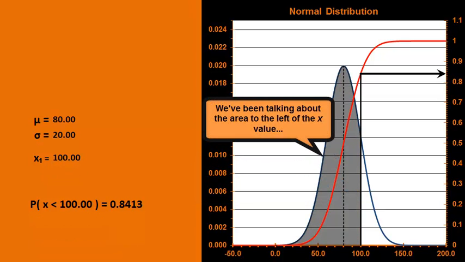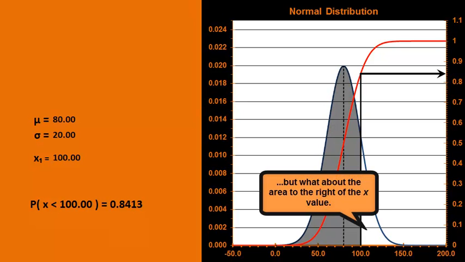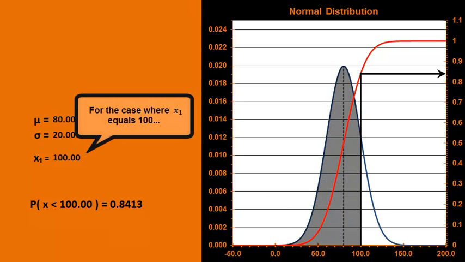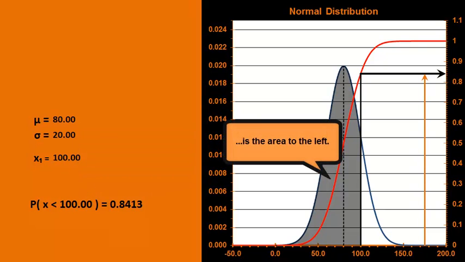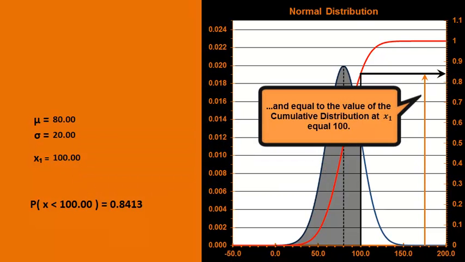We've been talking about the area to the left of the x value, but what about the area to the right of the x value? For the case where x1 equals 100, the probability of x being less than 100 is the area to the left, and equal to the value of the cumulative distribution at x1 equal 100.